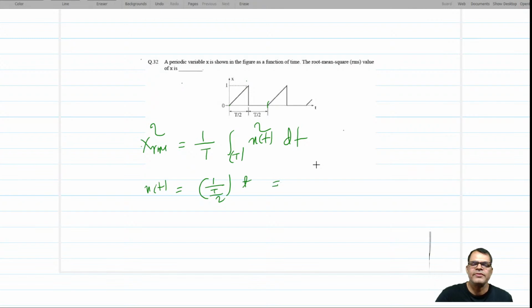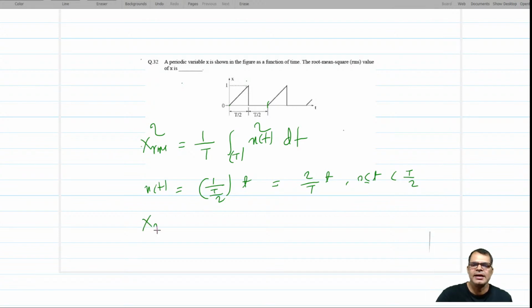This is the equation of x of t, that is 2 upon capital T times small t, for small t from 0 to T by 2. So now you put the values.